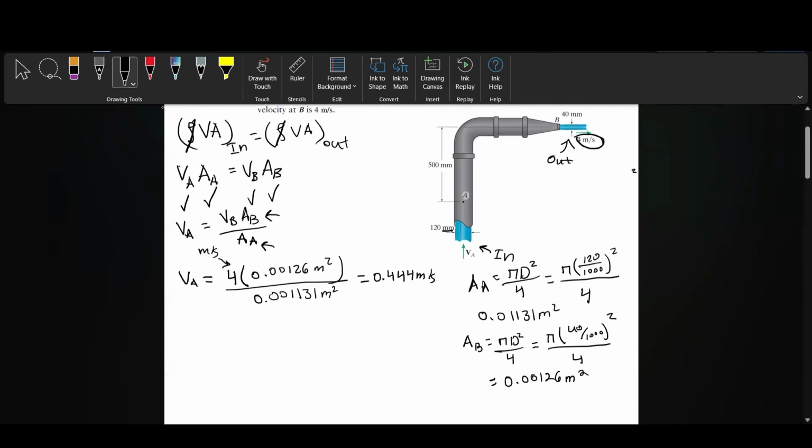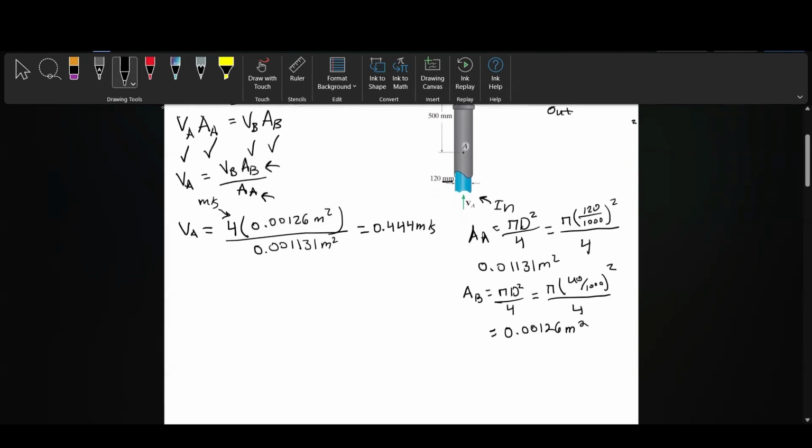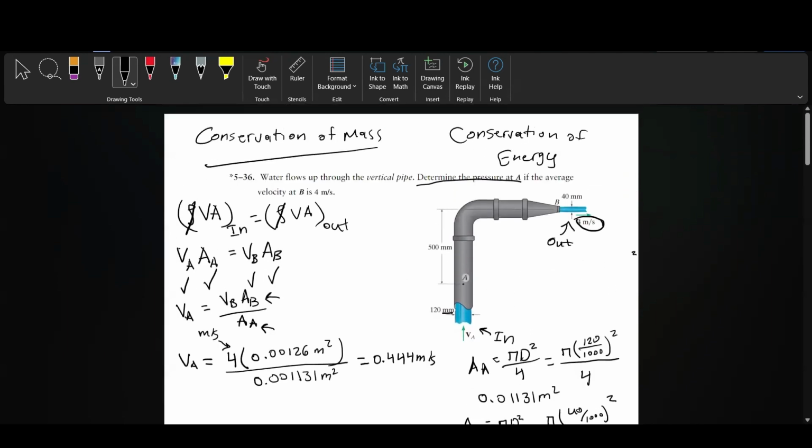Okay. Now, let's use Bernoulli's, which kind of comes from our conservation of energy. So I'll erase this and just put Bernoulli's. I think that's how you spell it.